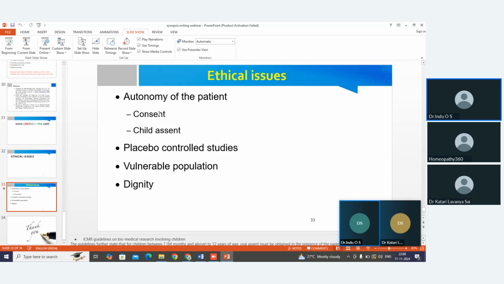their permission also. And if it is a placebo control study, we are denying the treatment to the particular patient group, that's why it is not recommended nowadays. But as I told earlier, as per the disease prognosis, we can consider placebo also. Then we have to avoid the vulnerable population, like lactating and pregnant women.